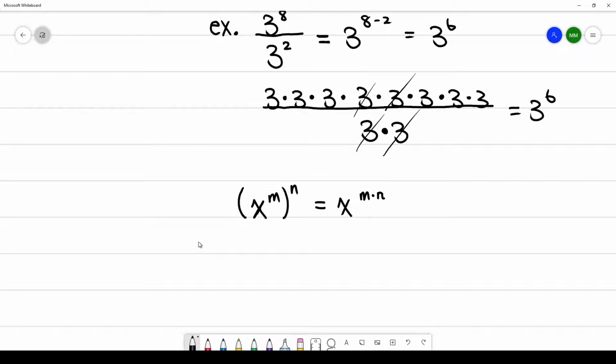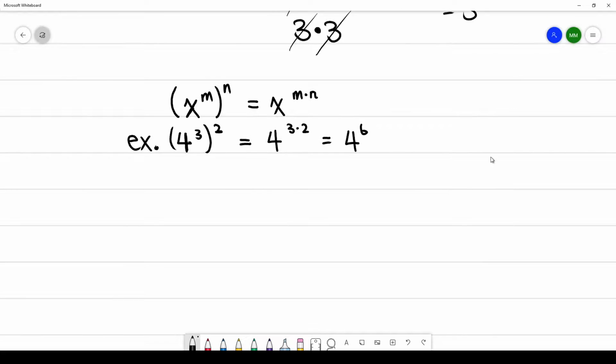For example, 4 to the 3, and this whole thing is raised to the power of 2. If we go by this property, that is equal to 4 to the 3 times 2. So 3 times 2 is 6. So this is equal to 4 to the 6.